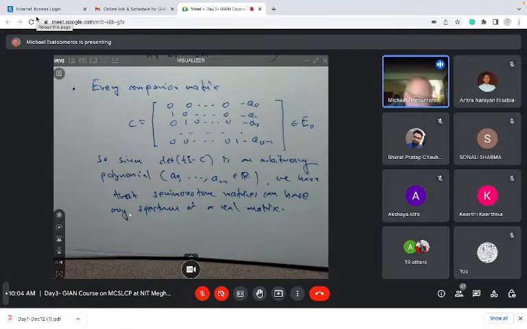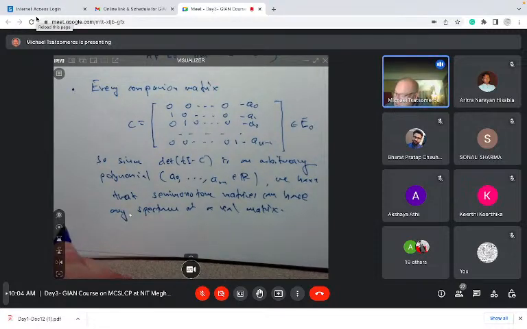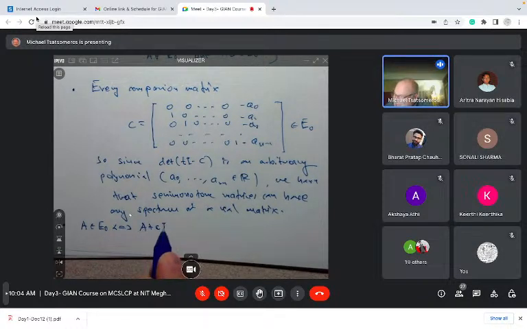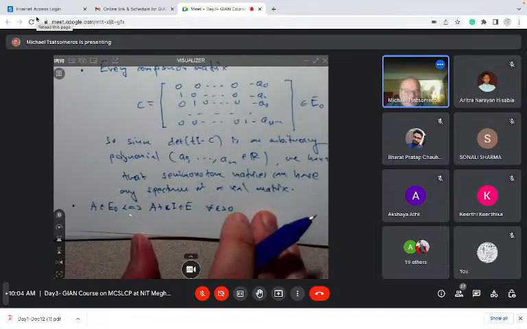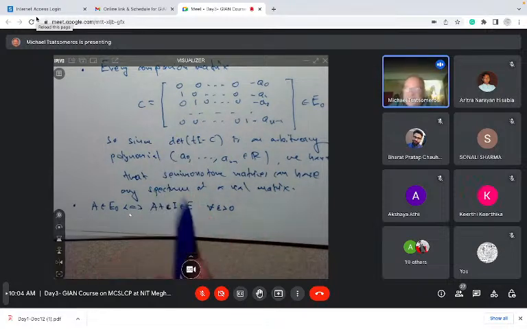Now, it turns out that A belongs to E0 if and only if A plus epsilon I belongs to E for all epsilon greater than 0. So you can translate here.